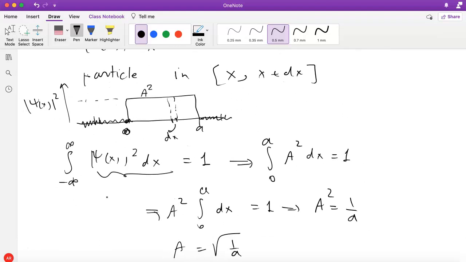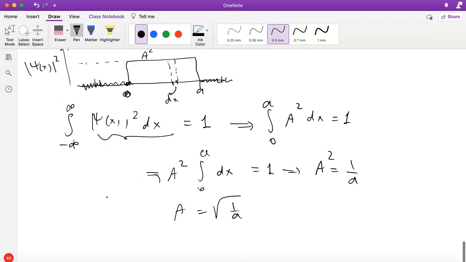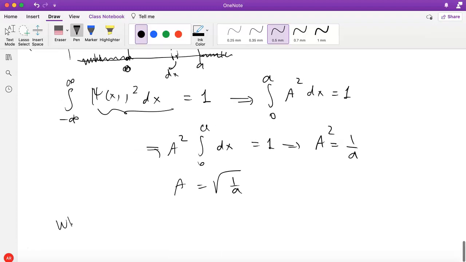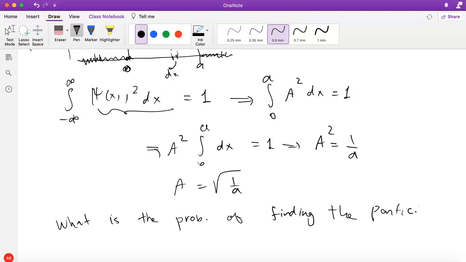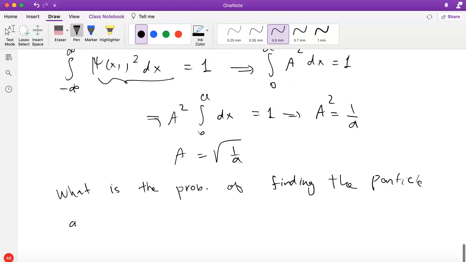So if I now ask you, what is the probability of finding this particle at x larger than a over 3?